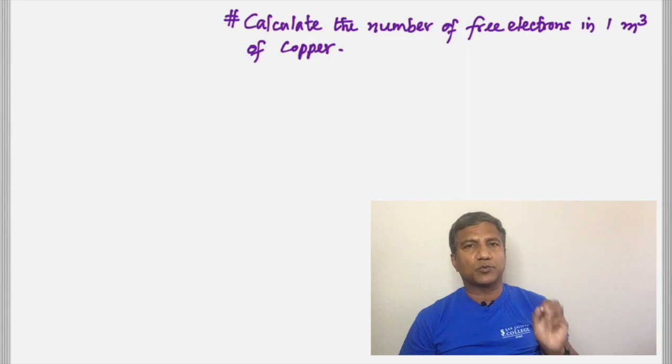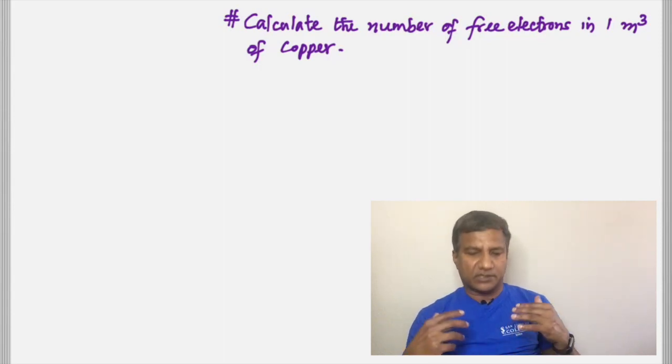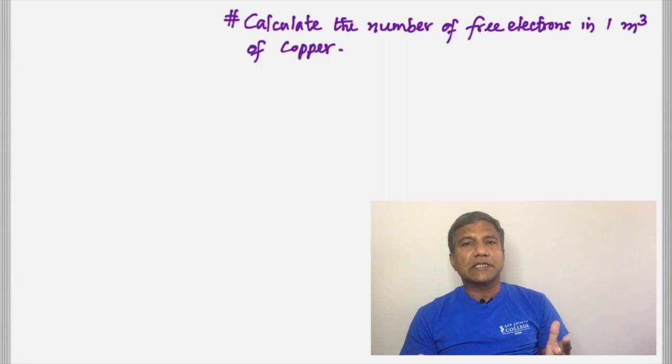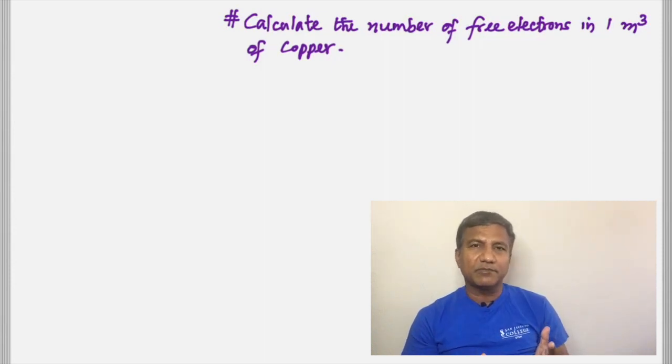So we would have to first find out the number of atoms in 1 meter cube, and that will give us the number of free electrons in 1 meter cube, because there's one free electron for every atom. Then we'll have to multiply that with the charge of an electron to get the total charge. Okay, so let's do that.